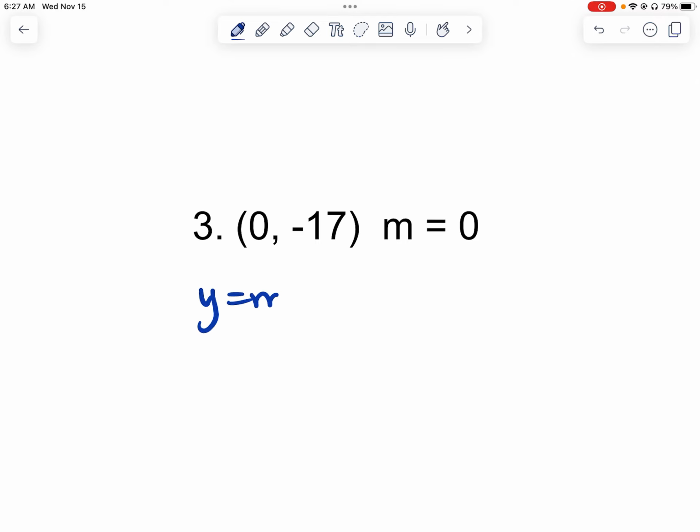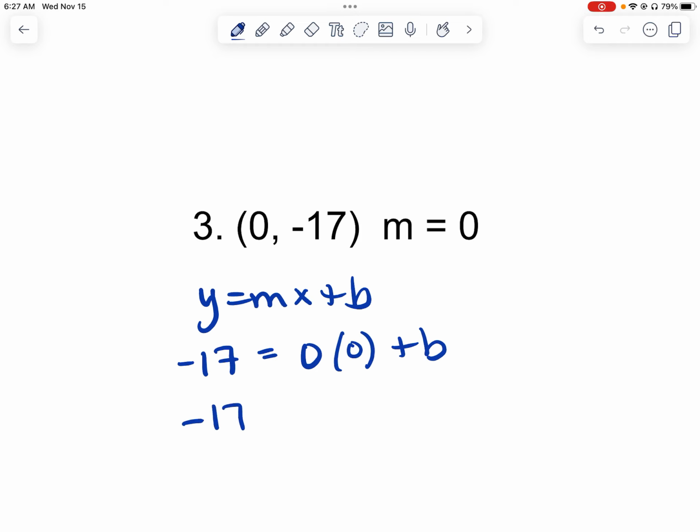Y equals mx plus b. I replace the y with negative 17, equals m, which is 0, x, which is 0, plus b. So negative 17 equals b.